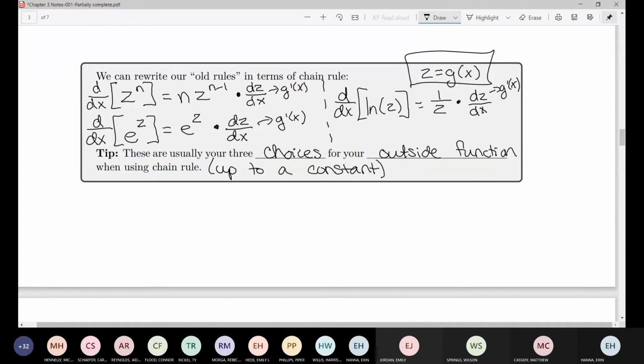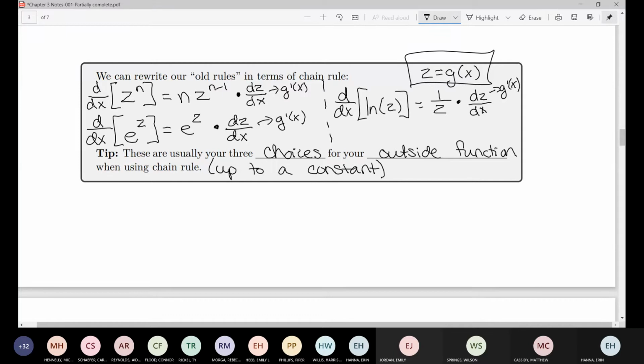So you might have 5 times something squared, which is why in the one we were just looking at, I didn't take it to be 5z. I wanted to take it to be a complete power because I need to have that be my outside function. Or I could have 5 e to the z, or 5 natural log of z. If there's just a constant out front, you don't care. But these are your 3 options for your outside function.